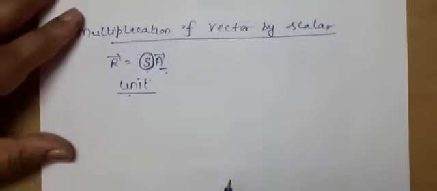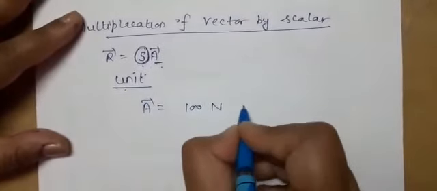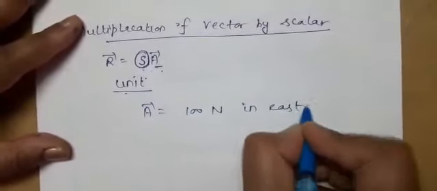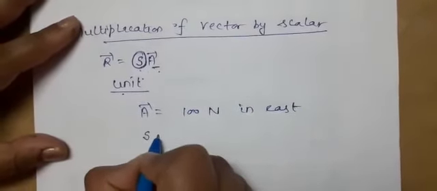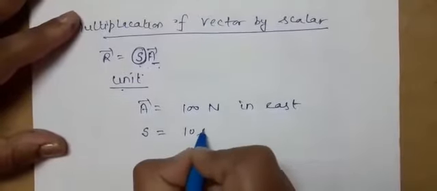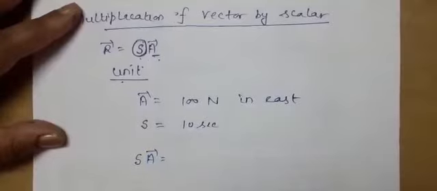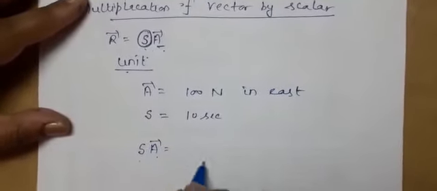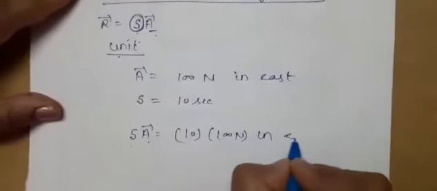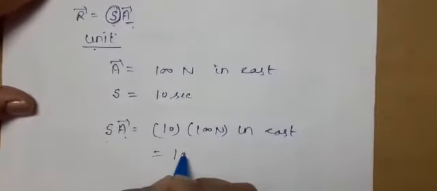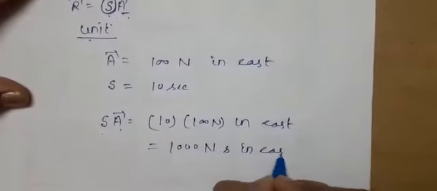How can we understand it? See, if vector A is 100 Newton in east direction, any direction you can take, I am taking an example. Now, if we take a scalar quantity, that is 10 second. So S into A. If we multiply the scalar with the vector quantity, 10 second multiplied with 100 Newton in east direction, the result will be 1000 Newton second in east.